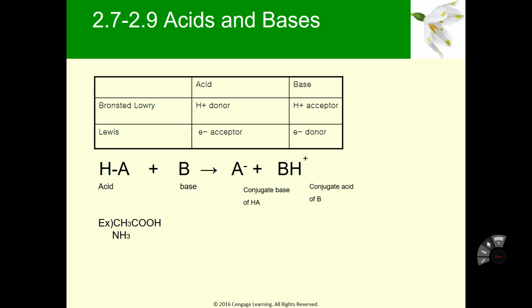The common concept of acid and base can be explained by the Bronsted-Lowry and Lewis definitions. Bronsted-Lowry defines a proton donor as an acid and a proton acceptor as a base, and a Lewis acid is defined as an electron acceptor, and an electron donor is defined as a Lewis base.